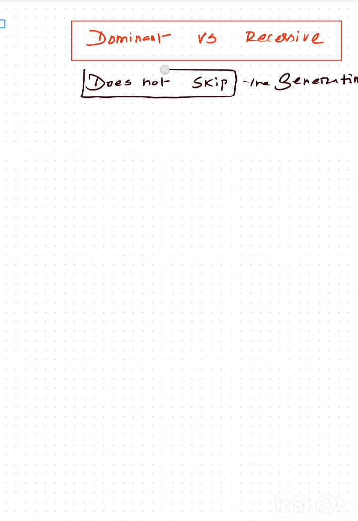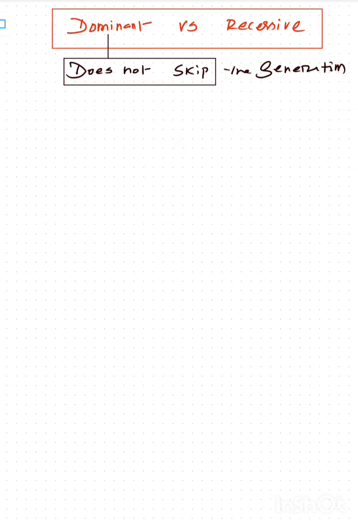Does not skip the generation means in every generation you will see affected persons. From parent to F1, F2 you will see. Then this will be dominant. If it skips, if you see the skip, then it will be recessive. So obviously 50% of the pedigree you have completed.